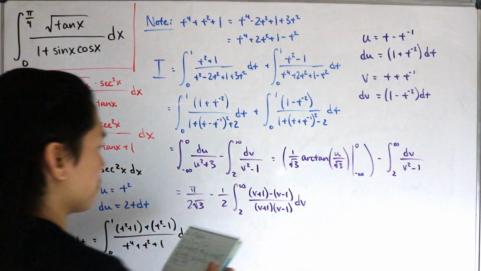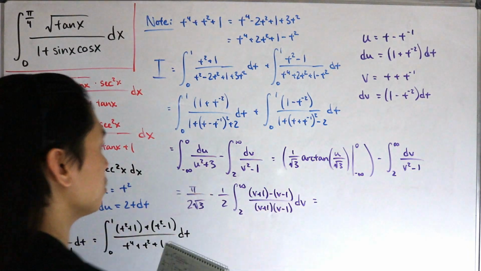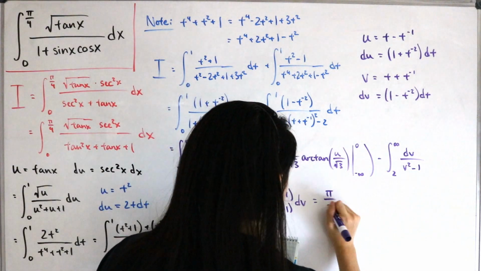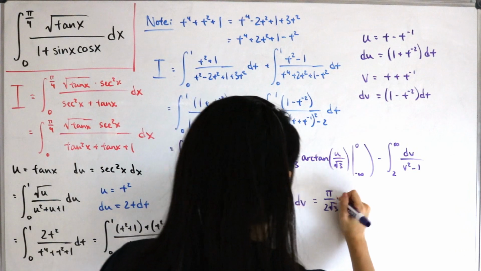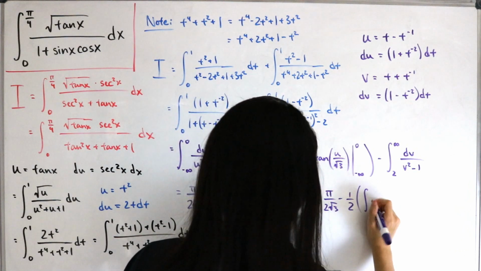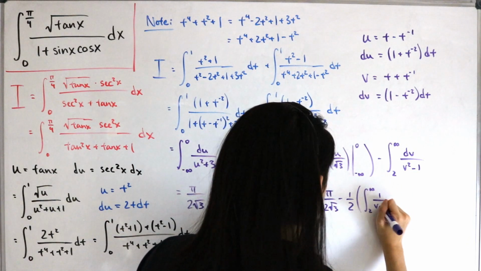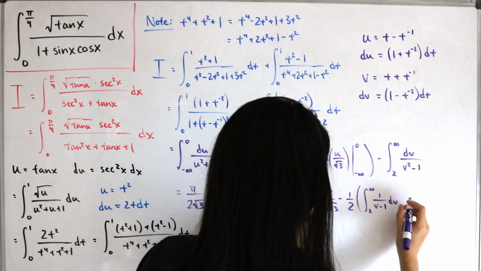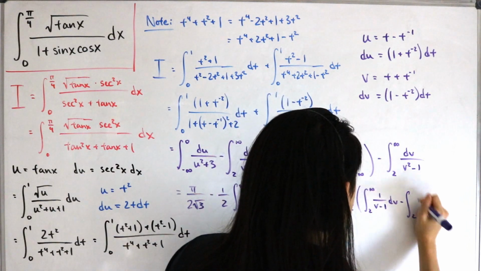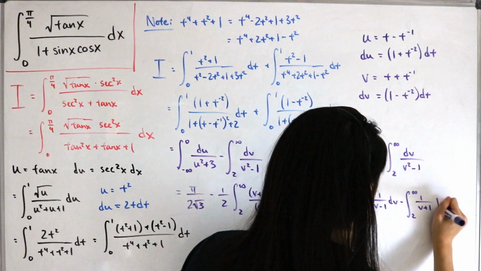Okay, and from here, this is straightforward; you could break it up again using even more linearity. So we have pi over 2 square root of 3, minus 1/2 times the integral from 2 to infinity of 1 divided by v minus 1 dv, and then minus the integral from 2 to infinity of 1 divided by v plus 1 dv.